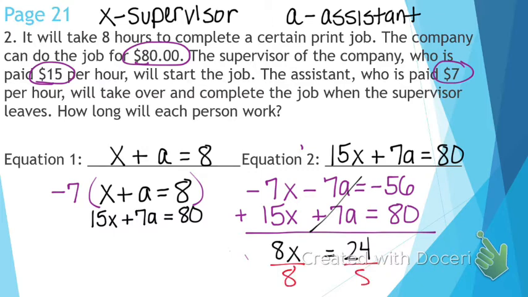So take 24 divided by 8, and you should get 3. So what that tells me is that the supervisor, x, because remember, x is the supervisor, x equals 3. So I'm going to write that above here, x equals 3. So the supervisor worked 3 hours.